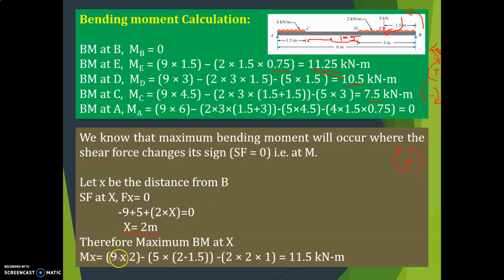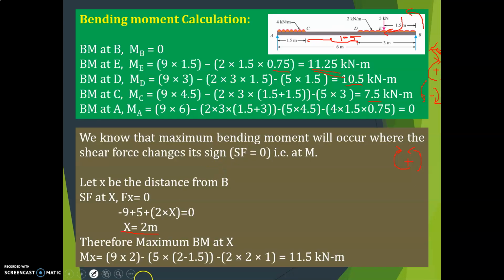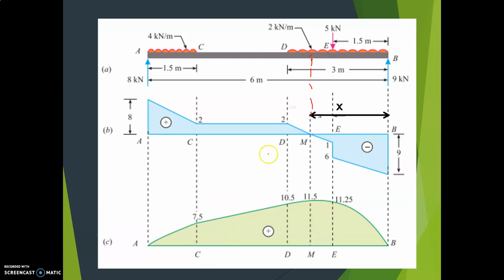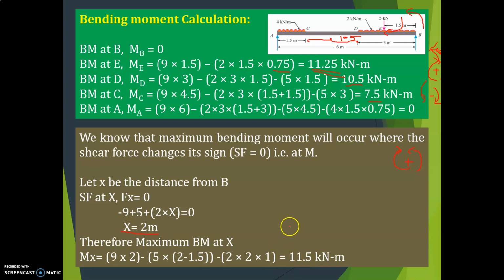So 9 into 2 first, X is 2, minus 5 into 2 minus 1.5, minus 2 into 2 by 2. So 11.5 is what you will get. Like this you can calculate. Thank you.